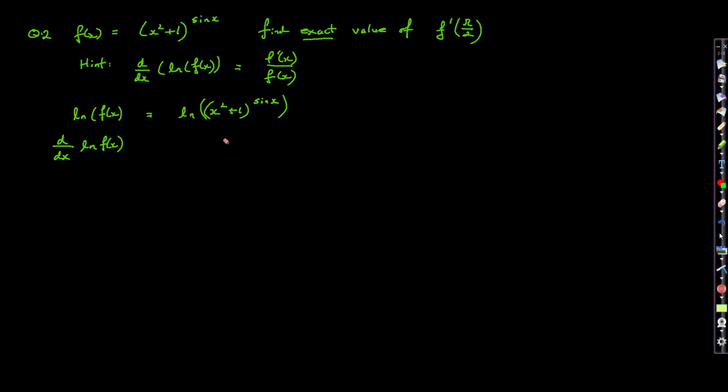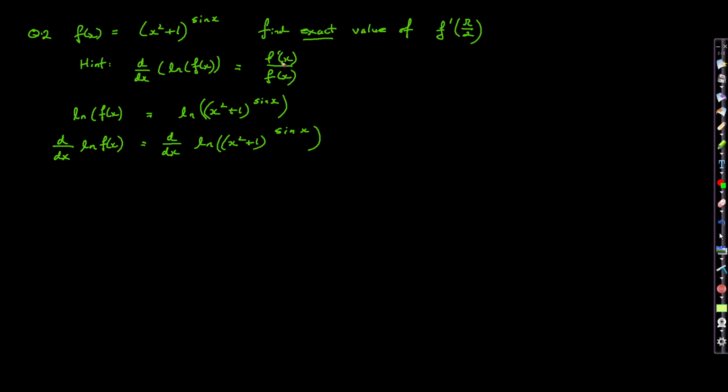If we derive this left-hand side, then it's equal to the derivative of the right-hand side. And of course, that's what we're after. So how can we progress any further? Well, we know that this, from this hint, is equal to this.